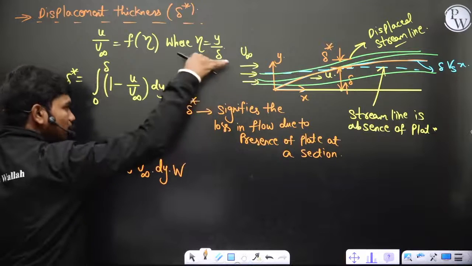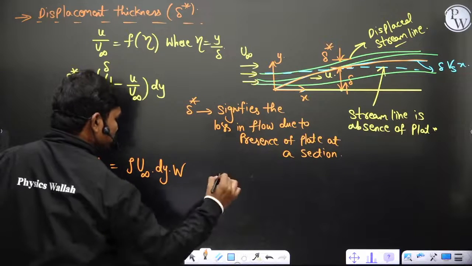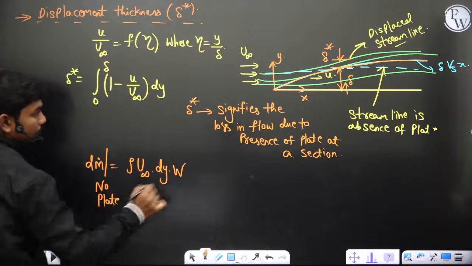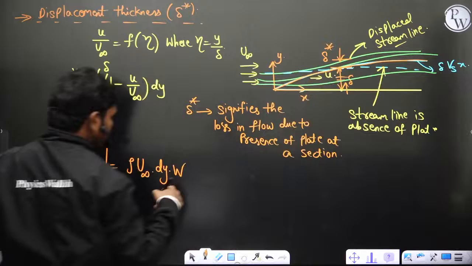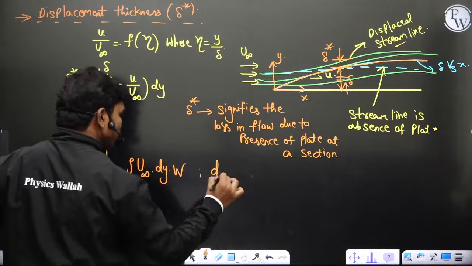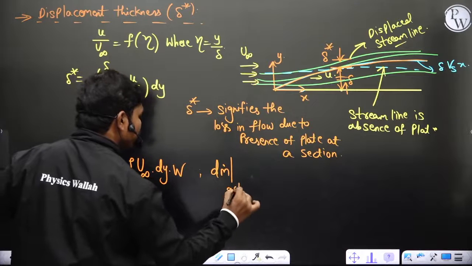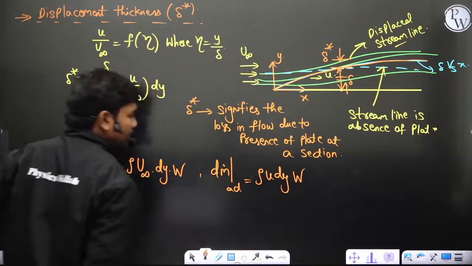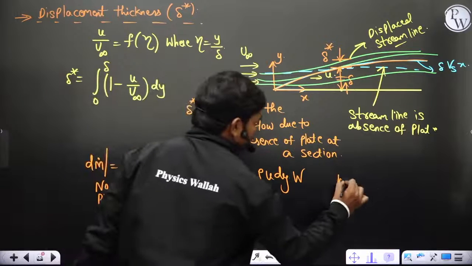This is ideal, when there is no plate. To some section, if you take a small segment dy, this is the mass flow which would have flown. But what is the actual mass which is flowing now? Because of the presence of the plate, velocity gets changed. So it is rho u dy into w, where w is the width of the plate.